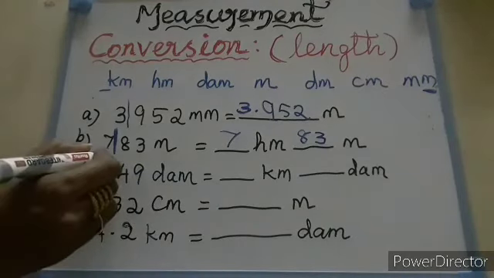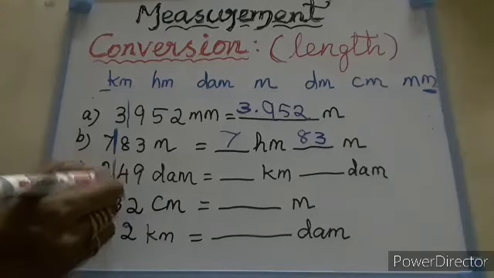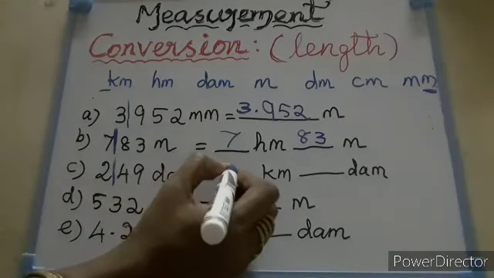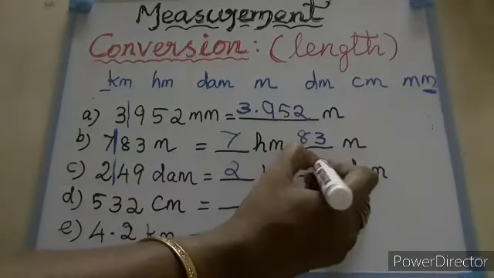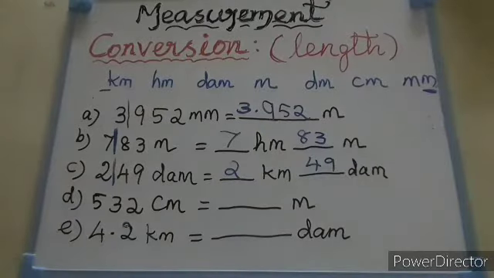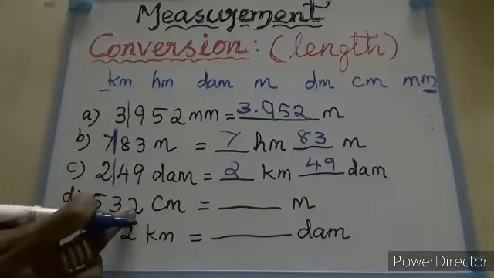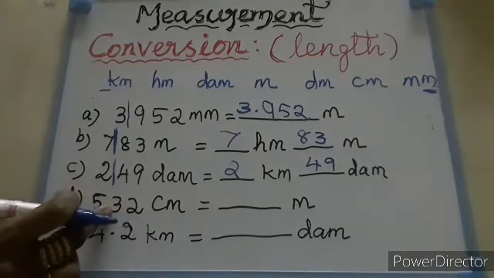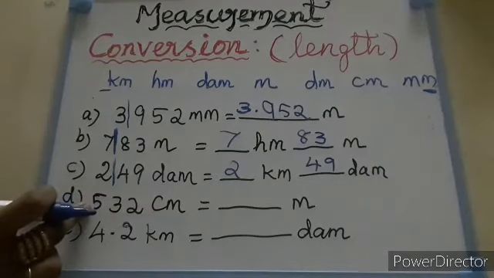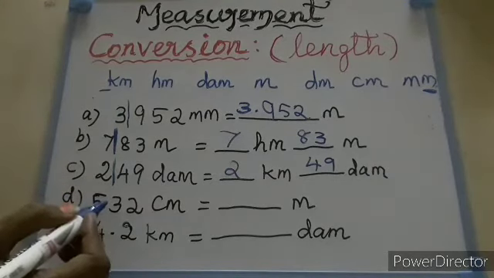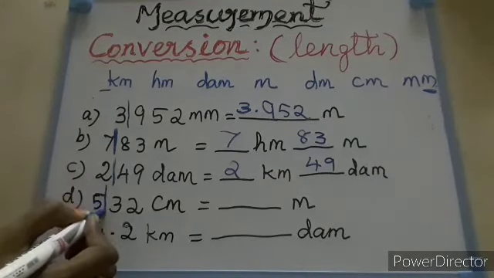For kilometer you draw the line, and then 249. Yes. Now centimeter to meter. This is centimeter, this belongs to decimeter, then 5 is meter. So here you have to draw the line.